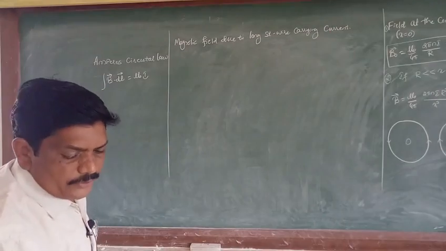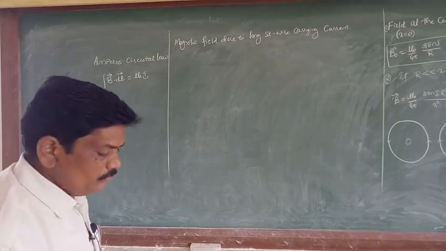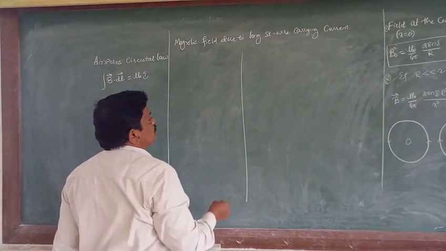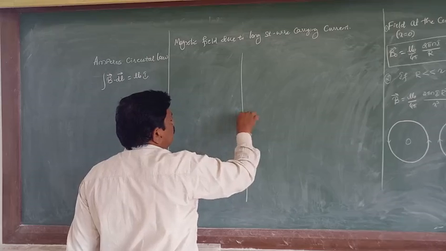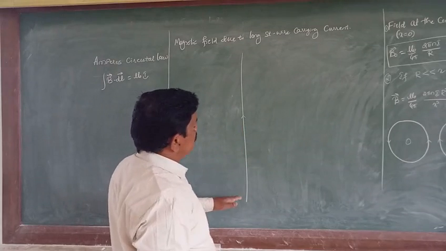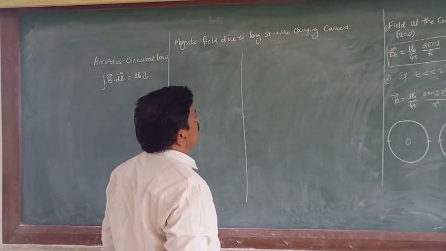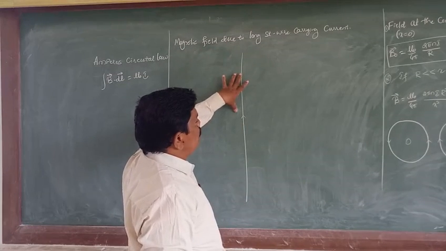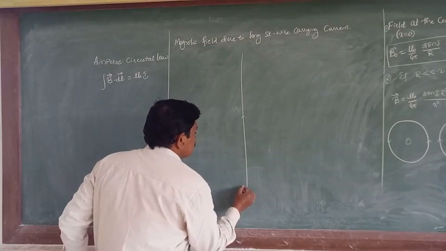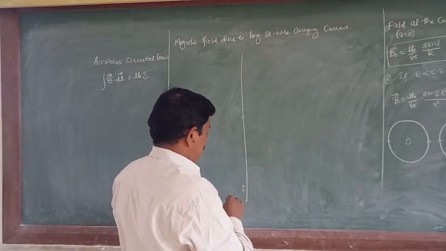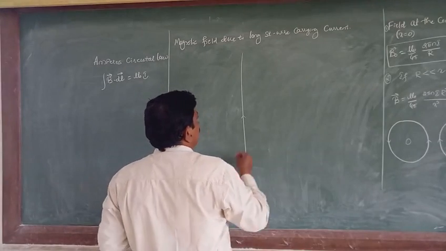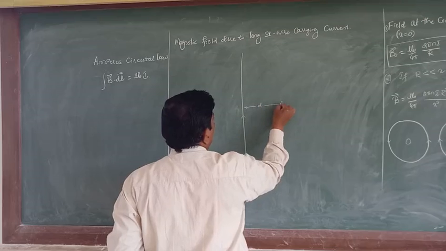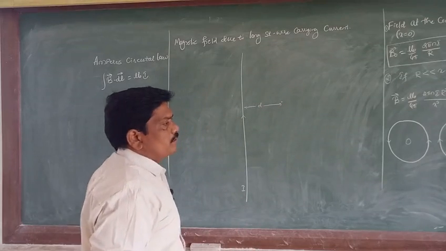Okay. See, now look, this one is the current carrying conductor, a long straight conductor. To find the magnetic field due to this long straight conductor, this conductor carries the current I. Okay, let the point P be at a distance d from the conductor.